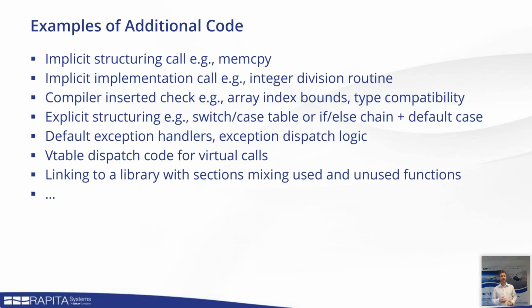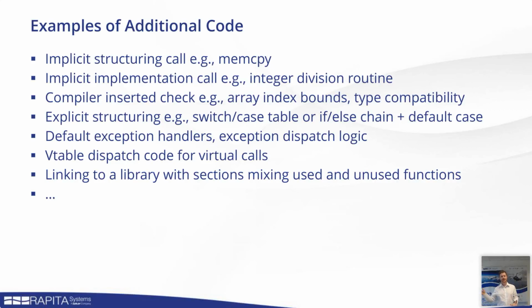Finally, there's a really important one, which is if you link to a library and the linker just inserts the entire library into your executable, even though not all of it is called from your source code. And this is important because people will often be thinking about their own source code that they've written and the object code that is compiled from their source code.